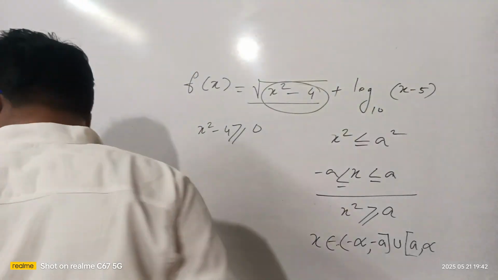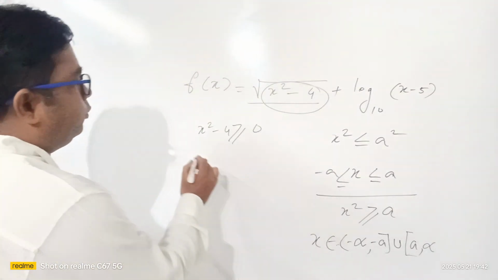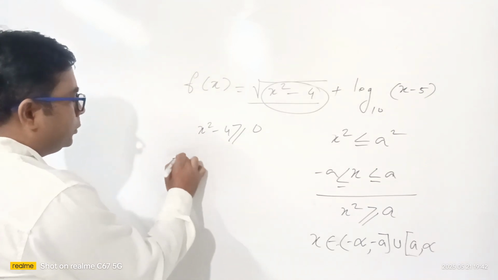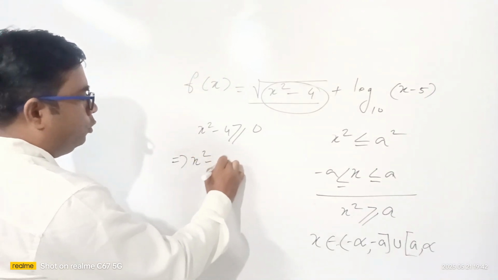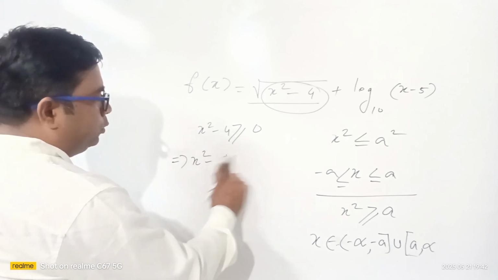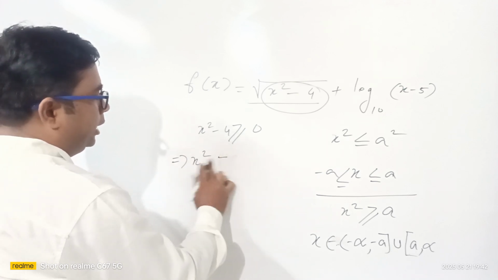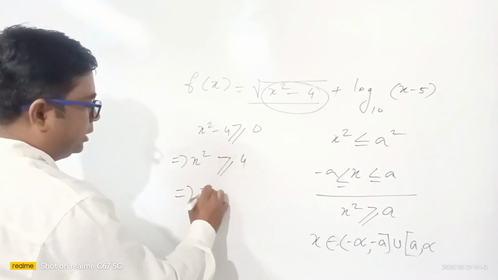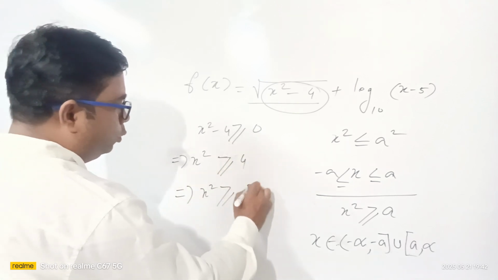So let us solve it. x square minus 4 greater than or equal to 0, we can write it as x square is greater than or equal to 4. That means it can be written as x square is greater than or equal to 2 square.